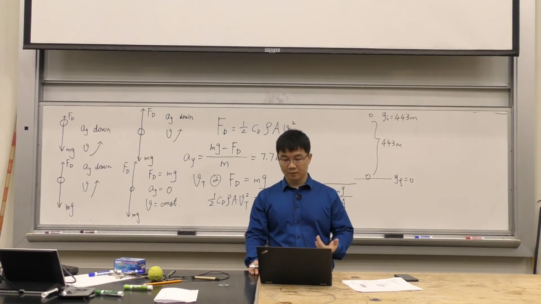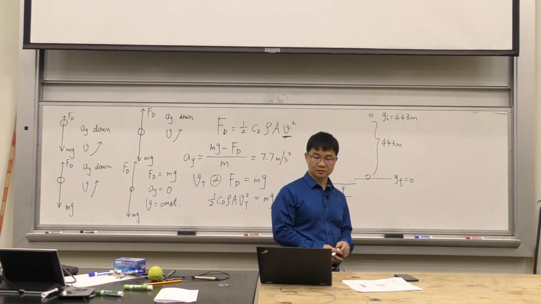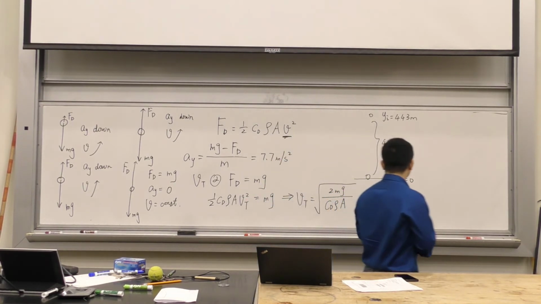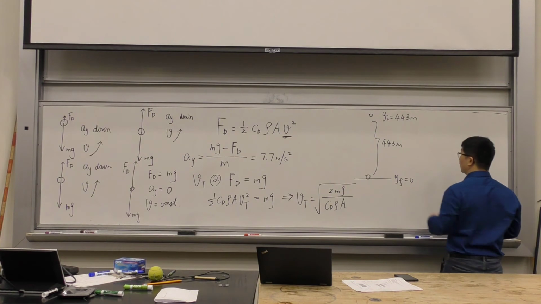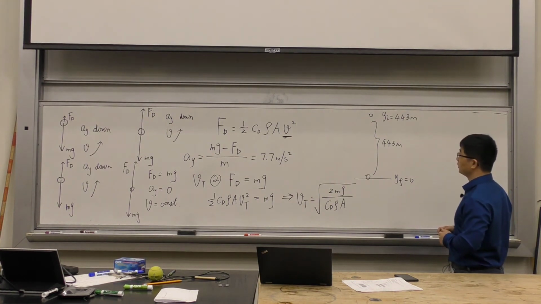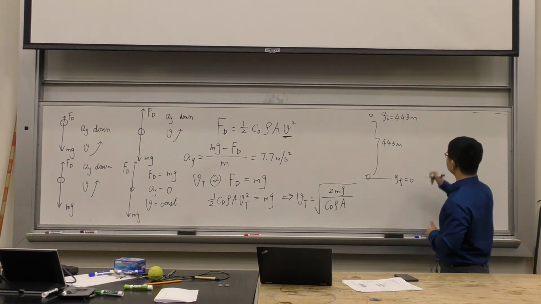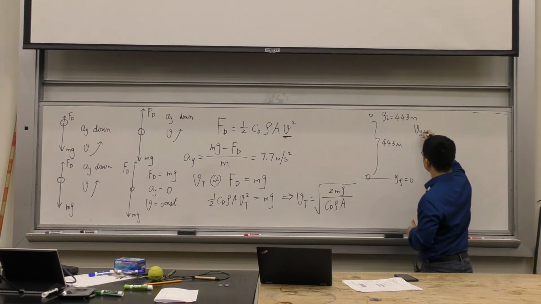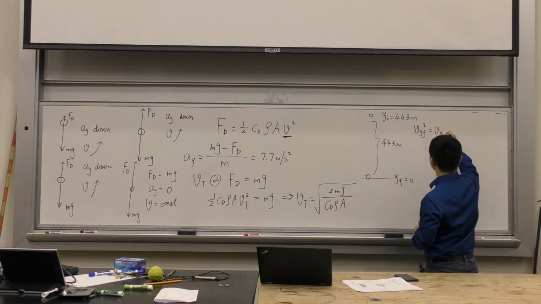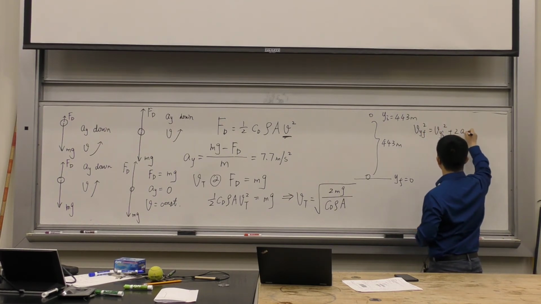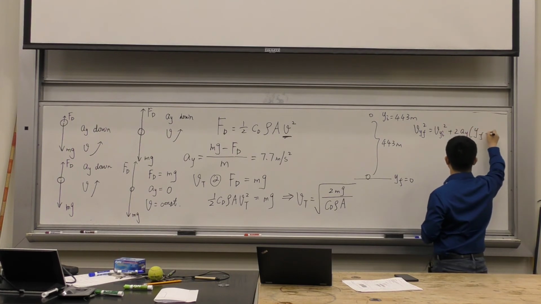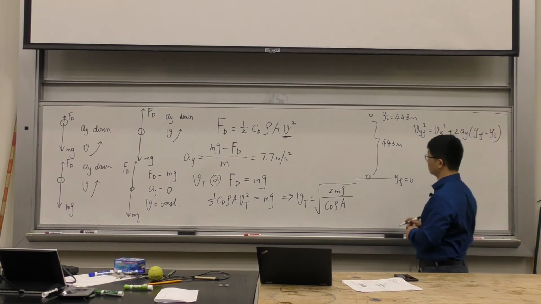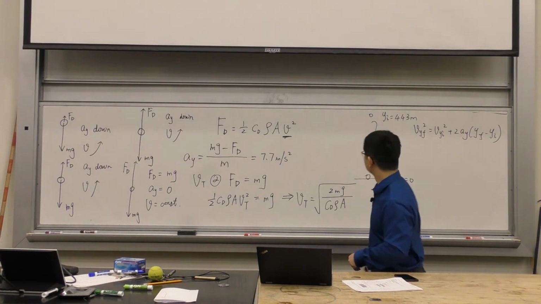Pause the video, find the maximum speed. If I know these two heights, the best equation is going to be the third one: vyf squared equals vyi squared plus 2ay times (yf minus yi).